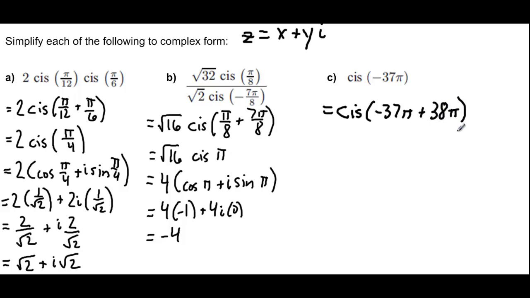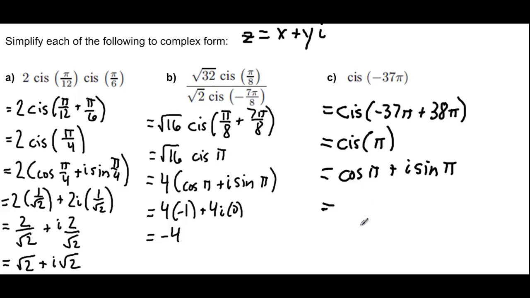That would be 19 times 2. Right? So I'm going around 19 times, and that would work out to be the cis of pi, which is the cosine of pi plus i sine pi. And that works out to be, cosine of pi is -1, and that's 0, so it's just -1.